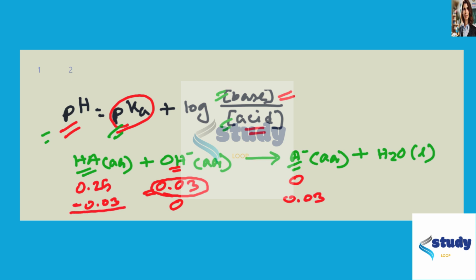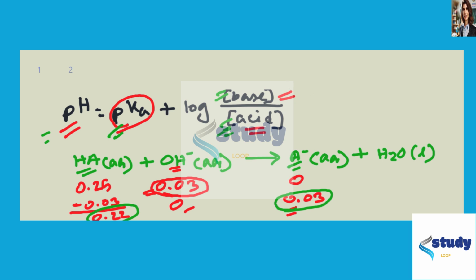So in the resultant solution, the number of moles of HA, the acid, will be 0.22, this is 0, and this is 0.03. This is our number of moles of the acid, and this is our number of moles of the conjugate base.